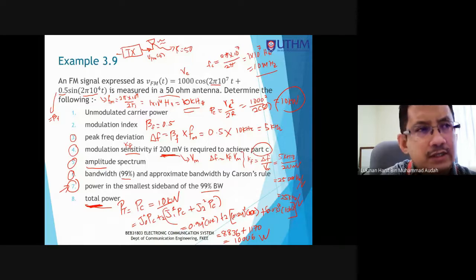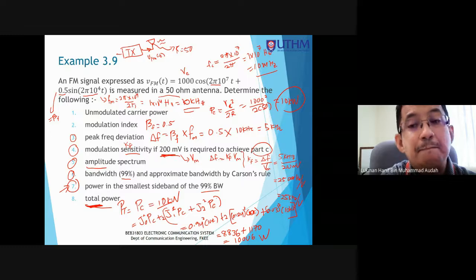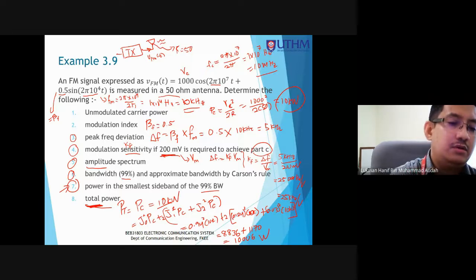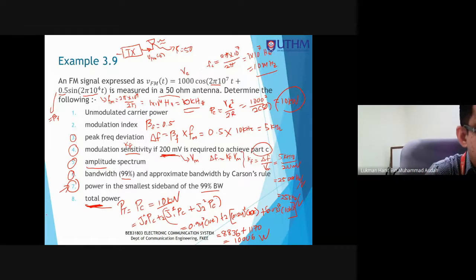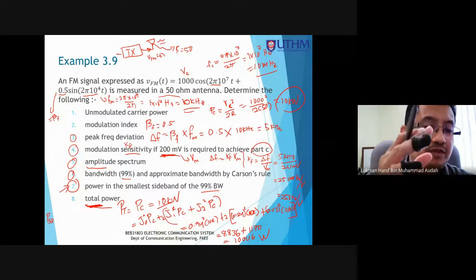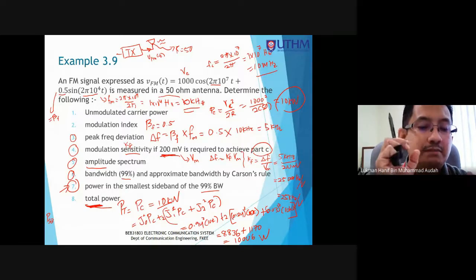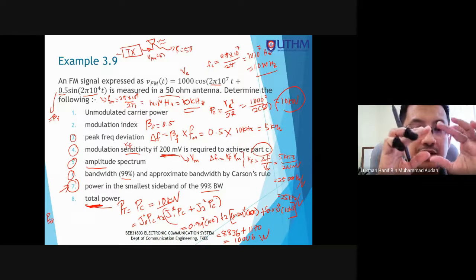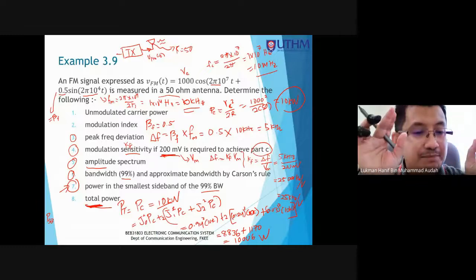Dan kalau dilihat kelas, di sini dia bertanya tentang total power. Ada juga ditanya tentang find the sideband power. Ada juga soalan-soalan seperti ini. Okay, the question asks how much is the P sideband. If the question asks P sideband, find the sideband power, bermakna dia nak mencari power from the sideband only.